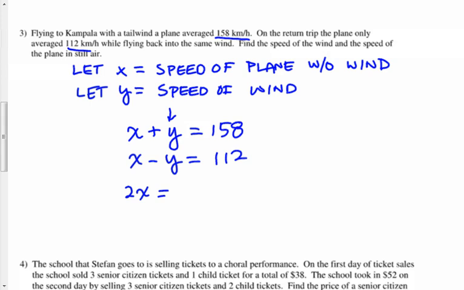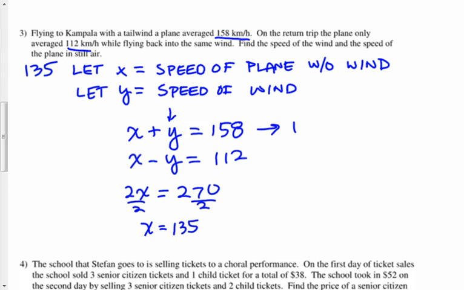We get 2x equals 158 plus 112, which is 270. Dividing by 2, we get x equals 135. And remember, 135 is the speed of the plane without the wind, so it's flying at 135 miles an hour. For the wind speed, we can use either of these equations.